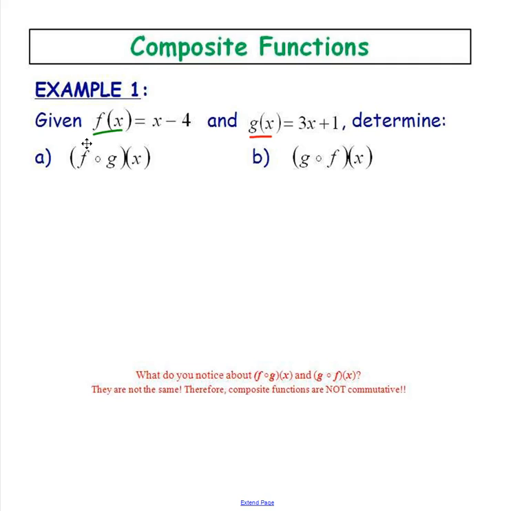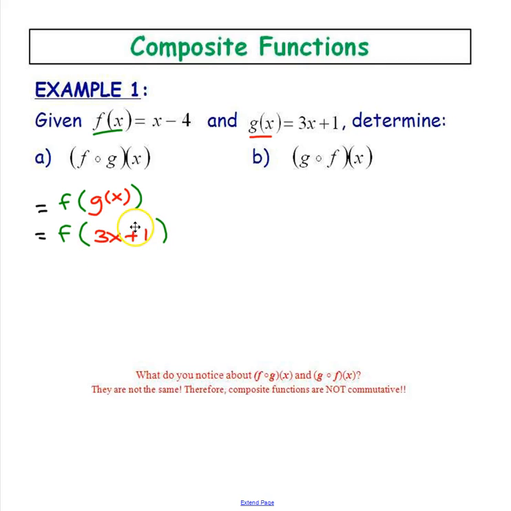And how do you do that? First of all, it looks like this. You have your f of x, but within that you have your g of x. Wherever I see an x value in f of x, I'm going to put all of this, because this is now my domain.